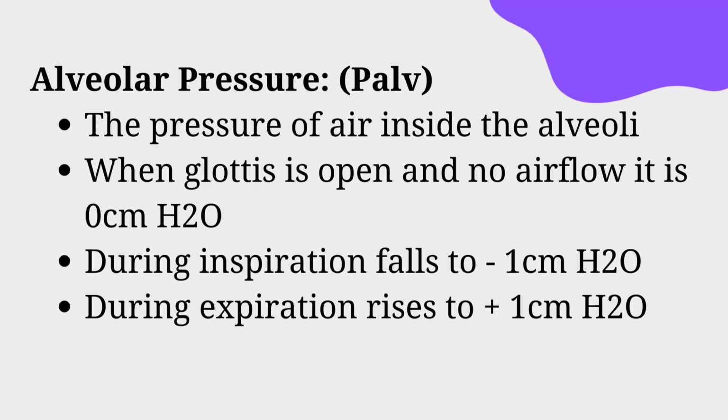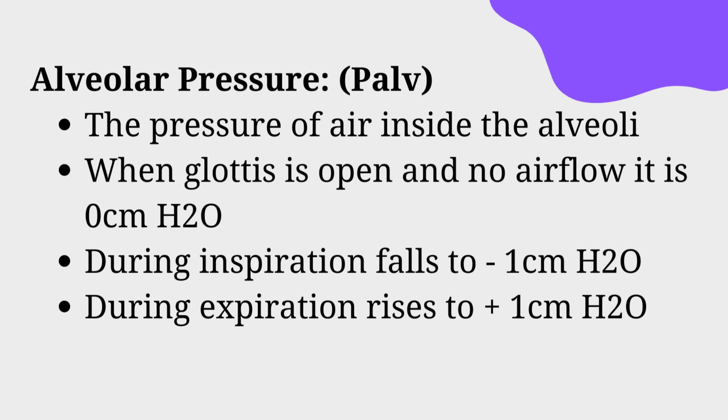But if you want to inspire, the pressure inside the alveoli has to be less than the pressure in the atmosphere. So during inspiration, the pressure inside the alveoli will fall to minus 1 centimeter of water, and during expiration, because you have to force air out, it has to be higher than the atmospheric pressure. So during expiration, it rises to about plus 1 centimeter of H2O.